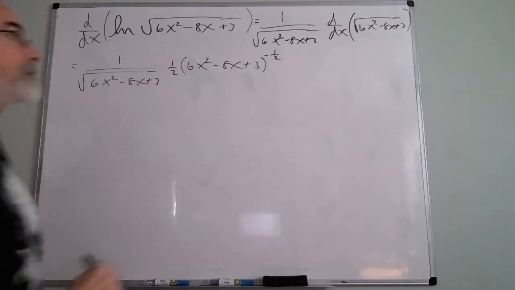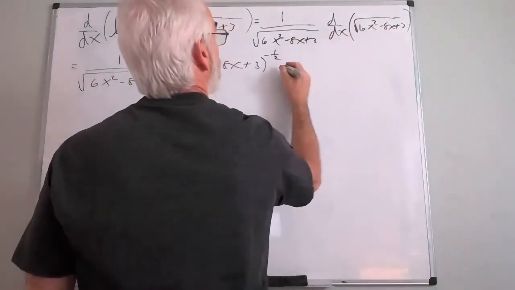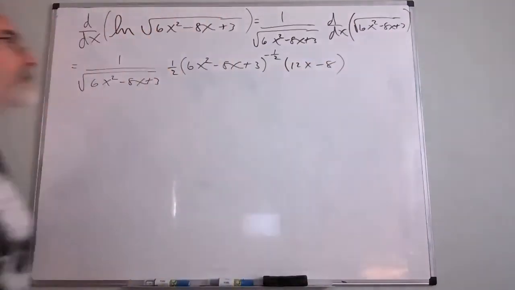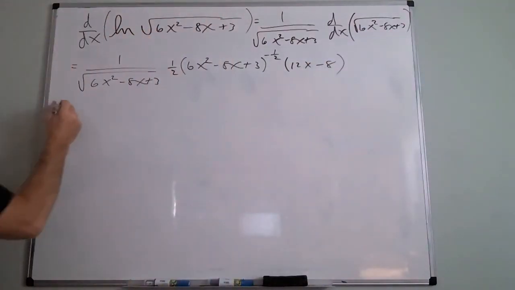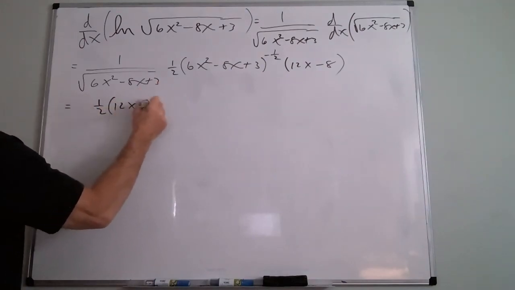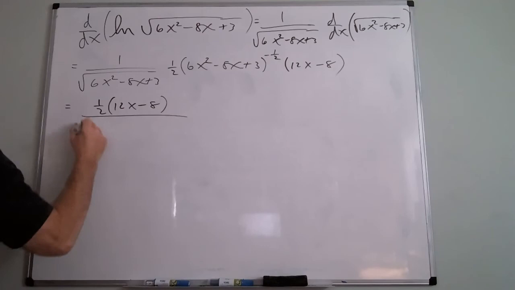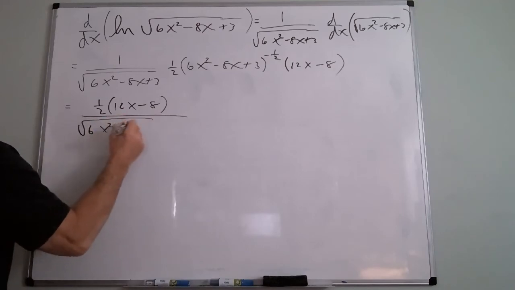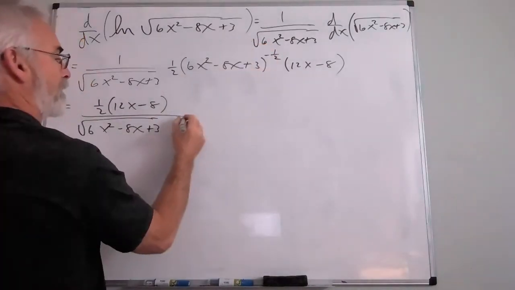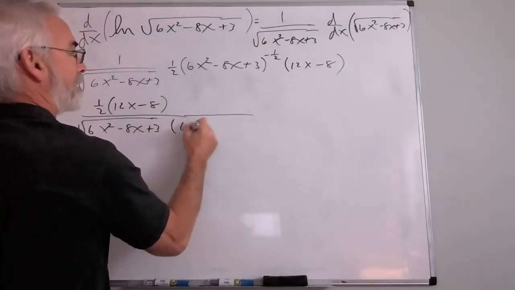That's my chain rule factor in continuing. So that would be what? 12x minus 8. All right. So on top, I've got 1/2 of 12x minus 8. On the bottom, I've got 6x squared minus 8x plus 3. And then I've got this thing to the 1/2 power.